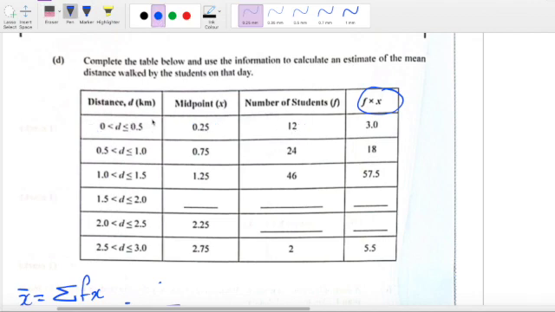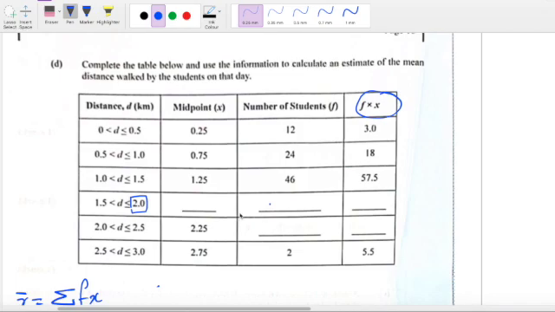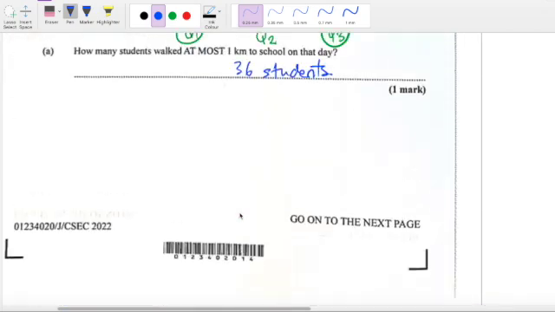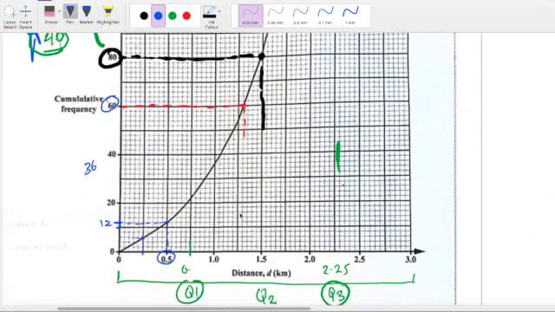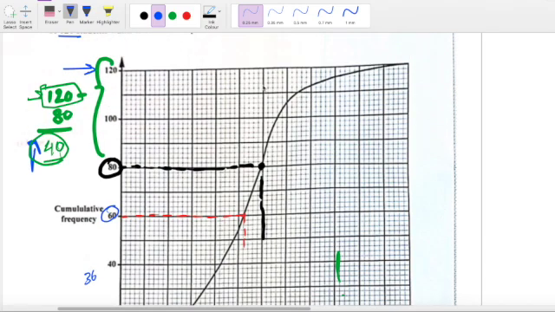So we will look at 2.0 and find the number of students at 2.0. If we look on the graph, 2.0 is about here, cutting about here, and we could call that 112.